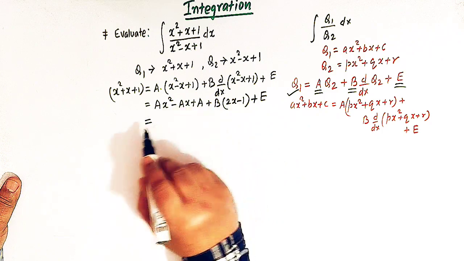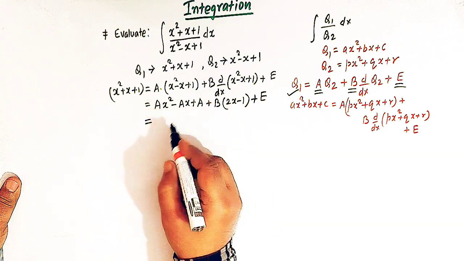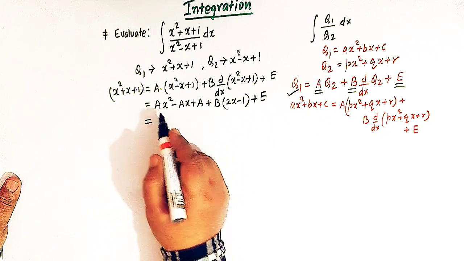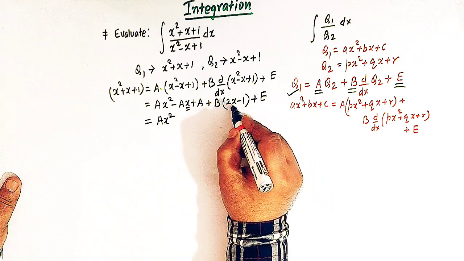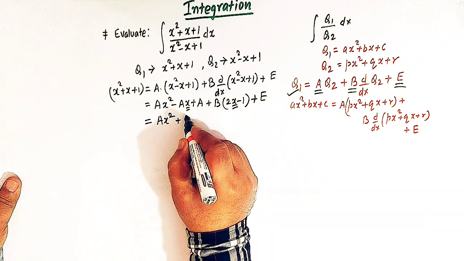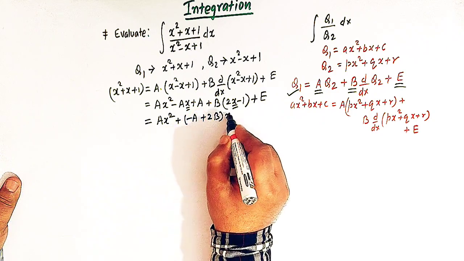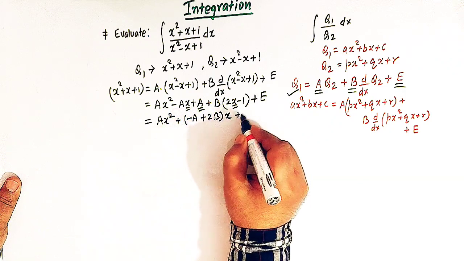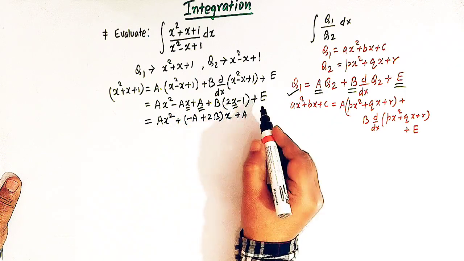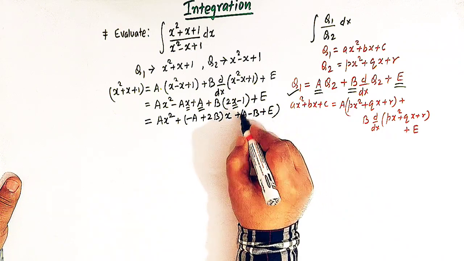So let us recollect the like terms. Here we have only ax square, and here we have x, here also we have x, so we can write minus a plus 2b times x, and then the constant term a, and here minus b, and then we have e, right?